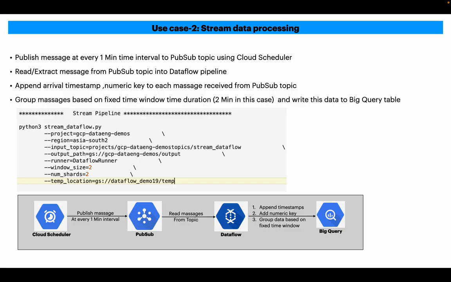Based on the number of shards, our entire workload or data will be divided into 2 equal chunks and distributed across these 2 workers. Once the process is done, it will be collected by the Dataflow master and then submitted back to its calling environment. This is how parallel processing is done.